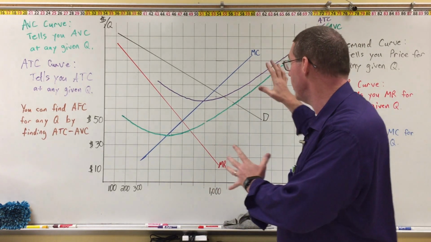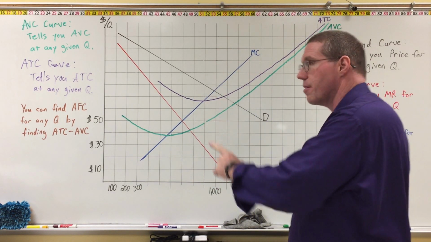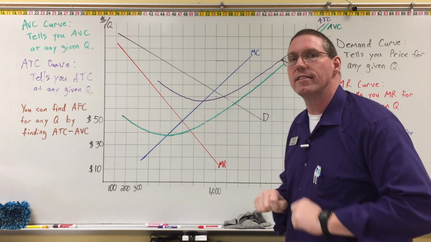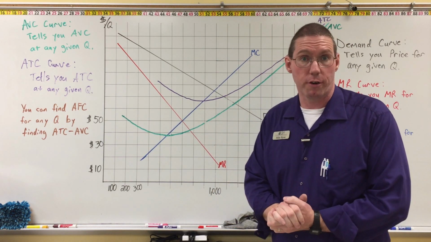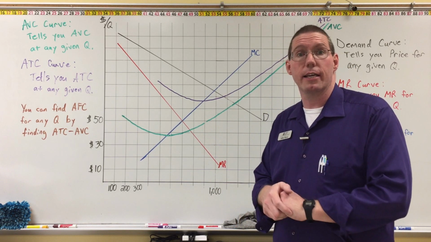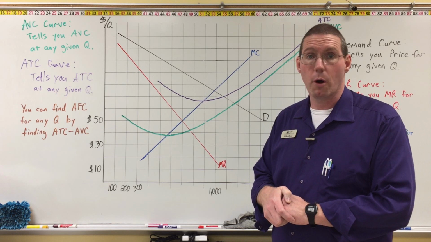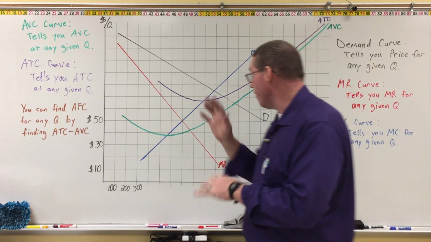Okay, so this one right here, the one that we've been working on so far, I would like for you to identify these 6 values at a quantity of 500. Now, you can pause the video and do that, and in just a second, I'm going to identify those 6 values as well.